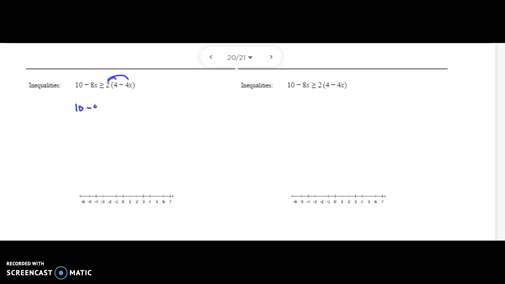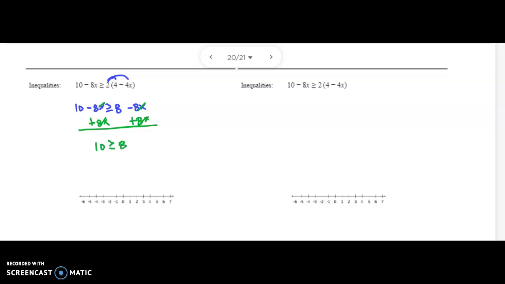That's going to be 10 minus 8x is greater than or equal to 8 minus 8x, okay? On the right-hand side, I'm going to add 8x. So that cancels out. That's 0, right? This is 0. And what I'm left with is 10 is greater than or equal to 8.